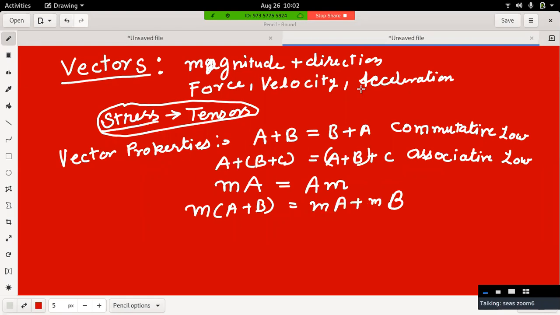And then there is the unit vector a-u, that is, a divided by the magnitude of a.